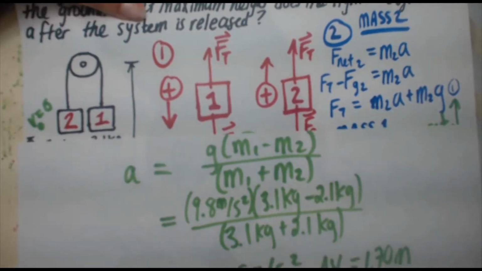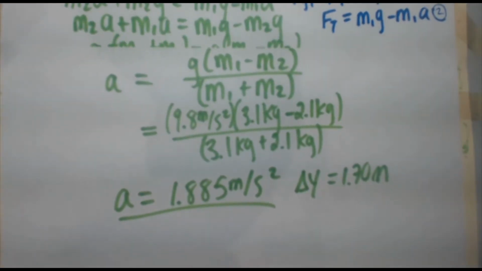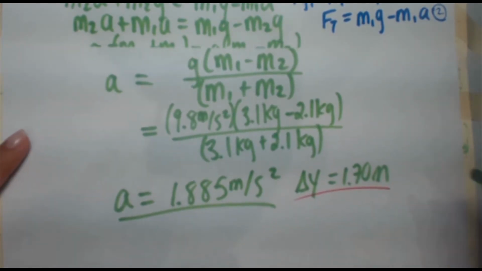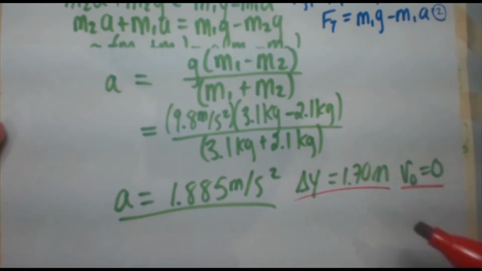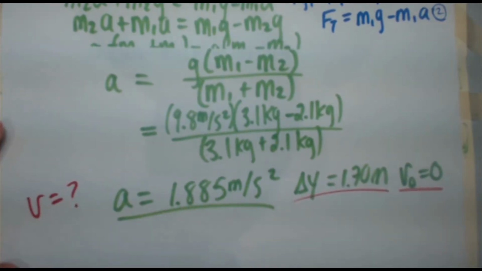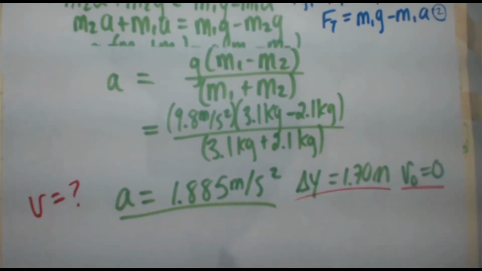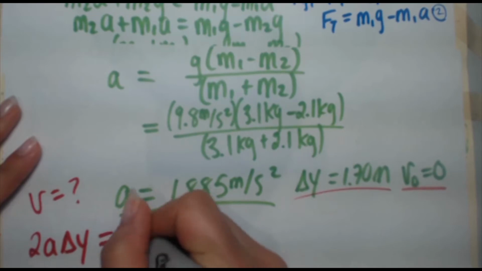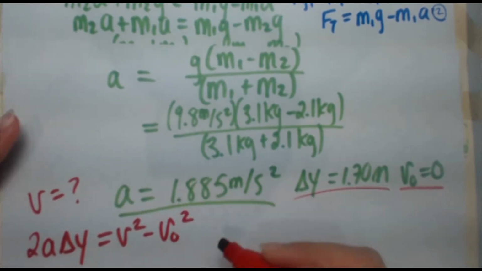Okay, now in order to do that, we just use a really simple kinematics equation using the fact that we have A, we have the delta y, and we know V0 is 0. We have to find V. Okay, so the kinematics formula that we are going to use is 2A delta y equals V squared minus V0 squared.